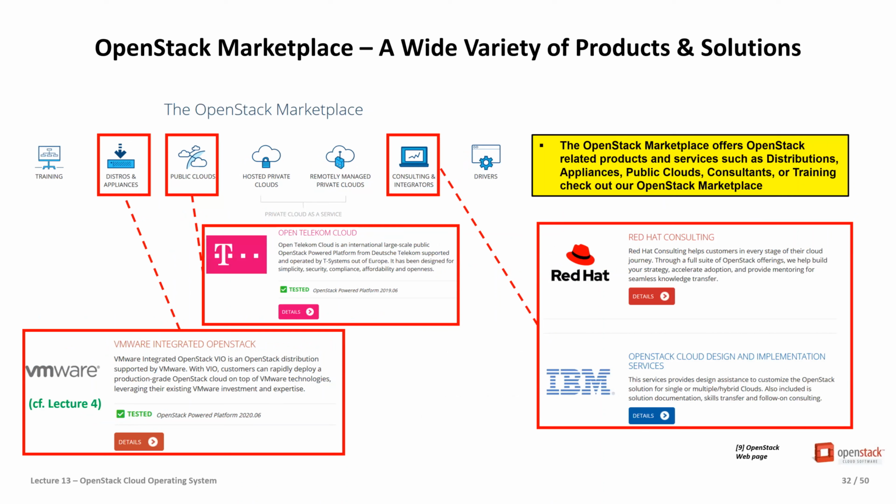We have the Open Telecom Cloud that is in the OpenStack marketplace, giving you access to public resources. We have different consultings that offer you help when you have to deploy your own full suite of OpenStack services in your company, like Red Hat or IBM here as an example.